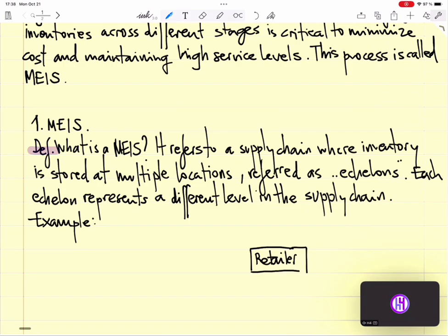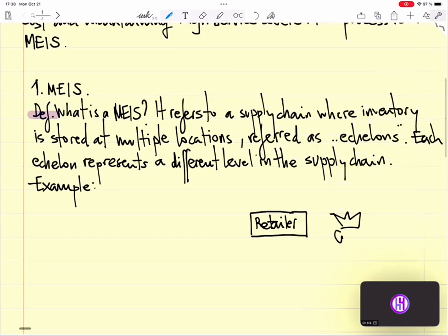Here is the customer who wants to drink some beer. And the retailer is the grocery store of your area. So this guy has some inventory. This is echelon retailer.